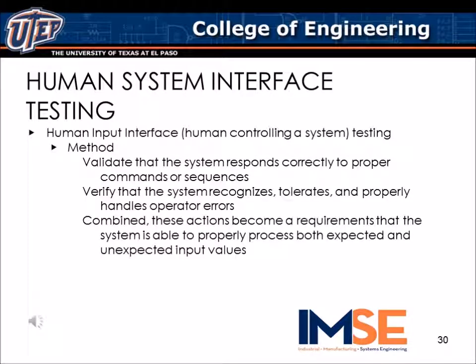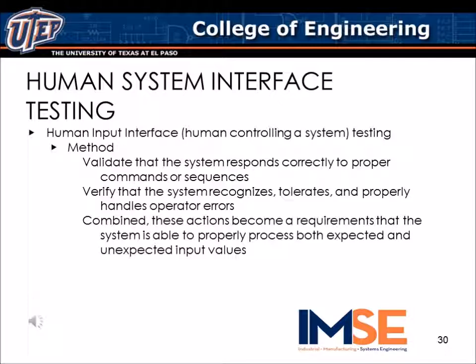A subset of human system interface testing is human input testing. To test a human input interface, in other words, a human controlling a system, one must first validate that the system responds correctly to proper commands or sequences thereof.